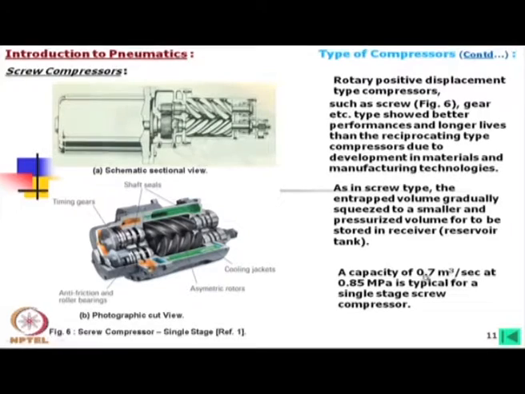So, this volume is not that small. Maybe this value may not be correct, I have to check it. 0.7 meter cube is a very big volume.